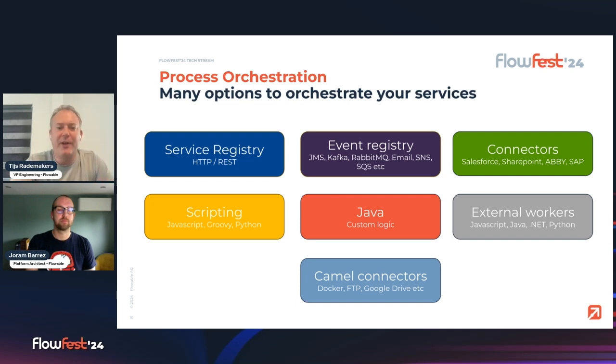But we also have the event registry, which focuses more on event handling, like JMS messages, Kafka messages, can be emails, can be AWS, SNS, SQS. So all these connectivity options you can already exploit with the service registry and event registry.